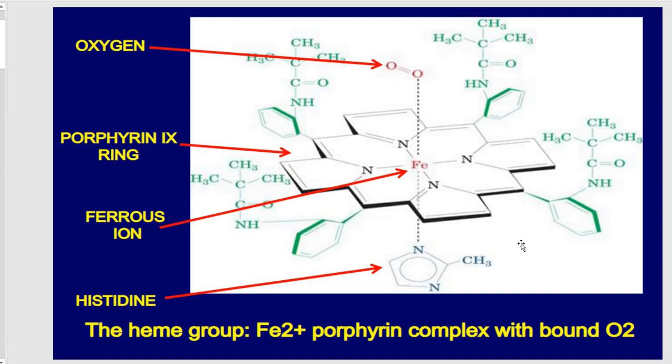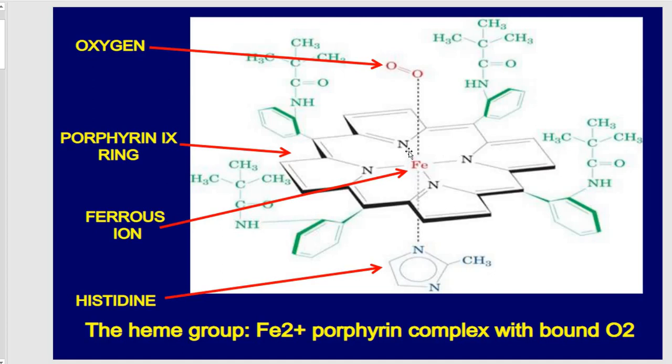It consists of the protoporphyrin 9 ring. This is the ring. We will study the 4 pyrrole rings in detail in heme metabolism. This is called a pyrrole ring. They are 4 to form the protoporphyrin 9 ring.